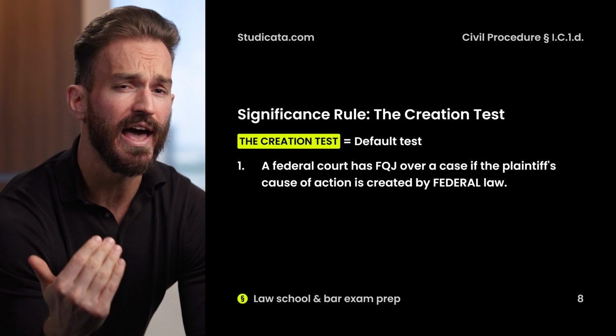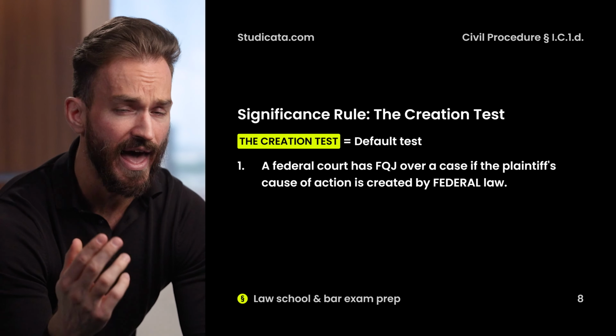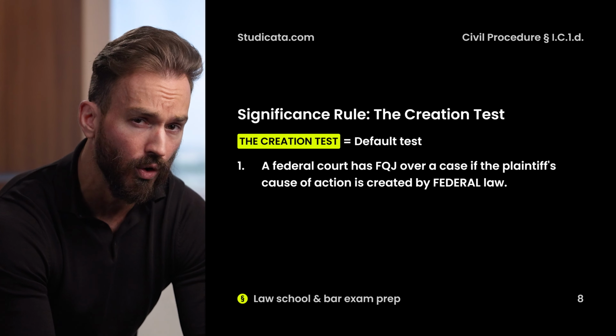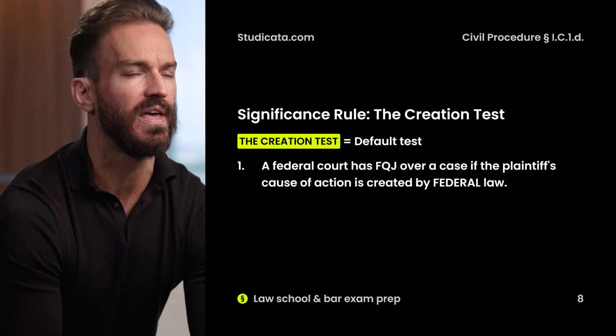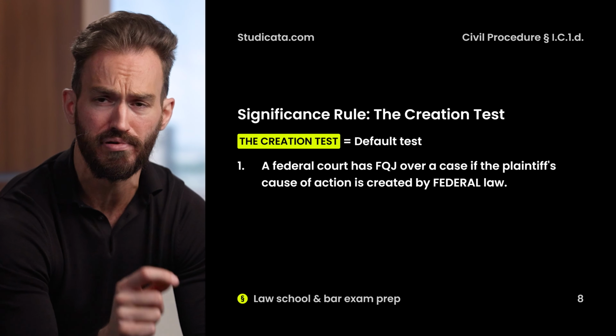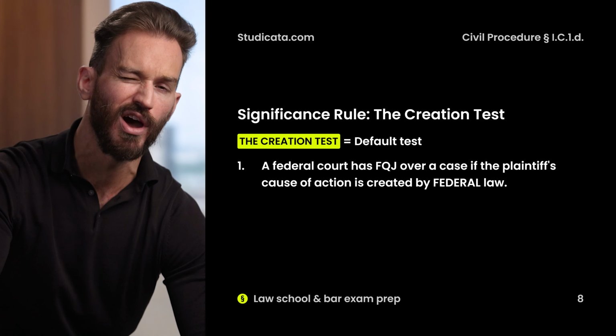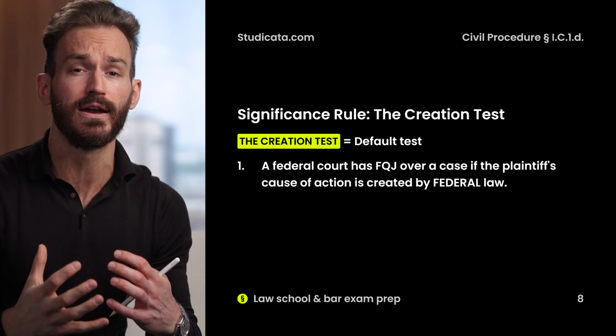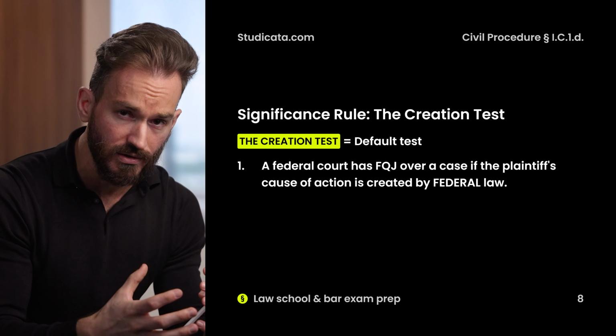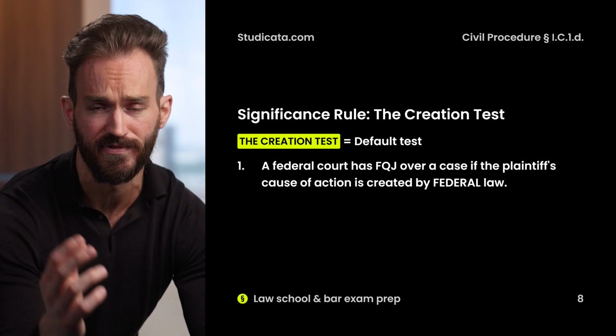However, Congress has enacted this legislation called the FTCA, the Federal Tort Claims Act. And basically, the FTCA enables private parties to sue the federal government for certain types of torts. It creates a federal cause of action in torts for private parties to sue the federal government.